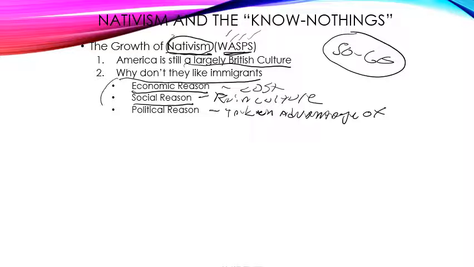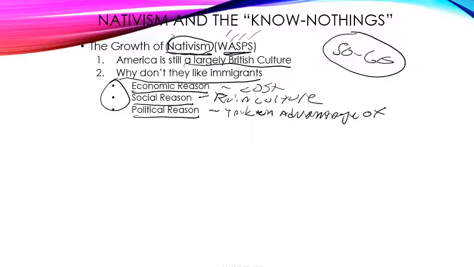So these three reasons are very much the same reasons that people have today for the nativist feelings that exist today. The same arguments that you hear in the 1840s are the same ones you hear today about immigrants, right? People that don't want a lot of immigrants say, oh, they cost the government too much because of taxes and welfare and all that other stuff.